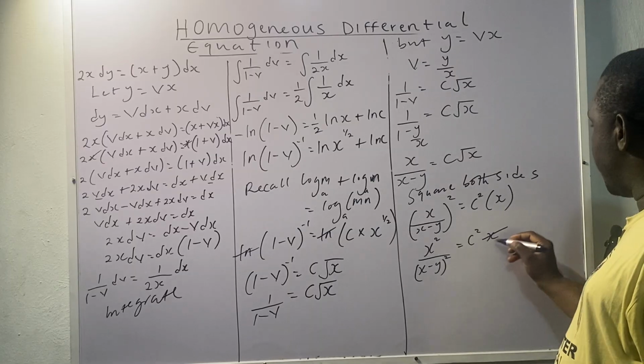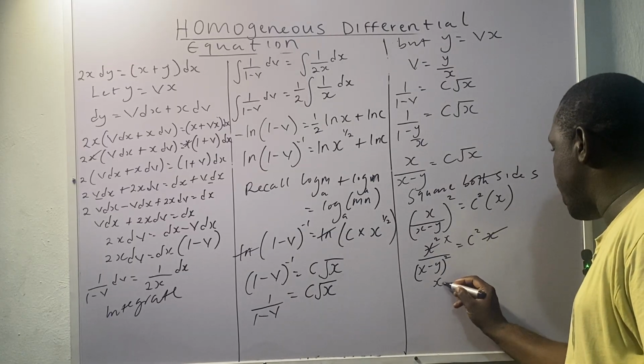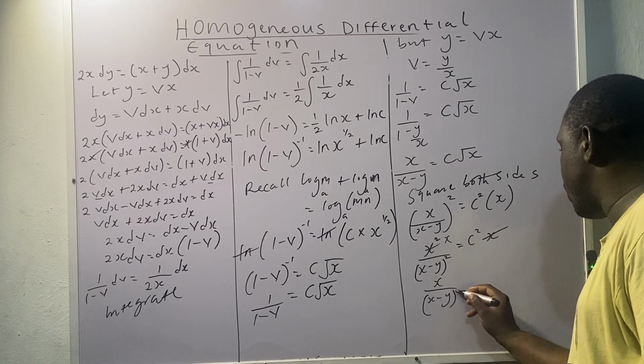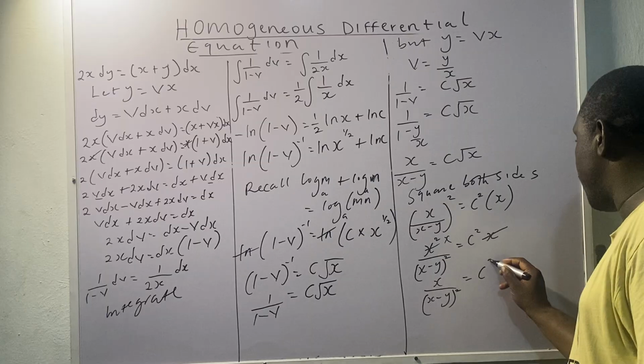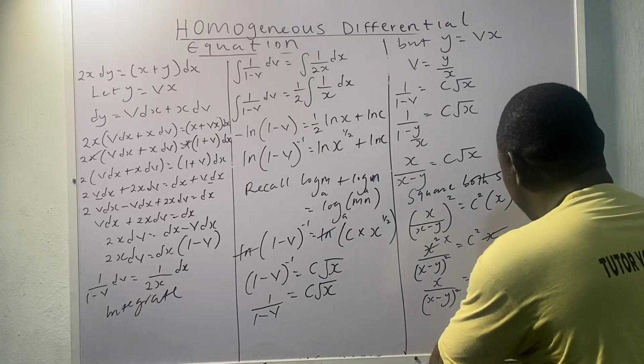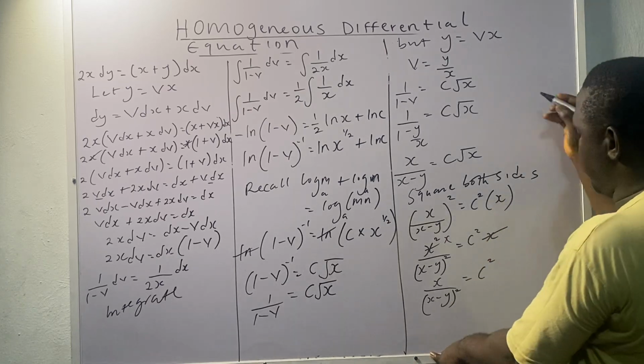So one of these x's can go, one of these x's can go. So you have x over what? X minus all square equals to c square. Now, note that even this, a constant multiplied by a constant, what will it give you? It's a constant.